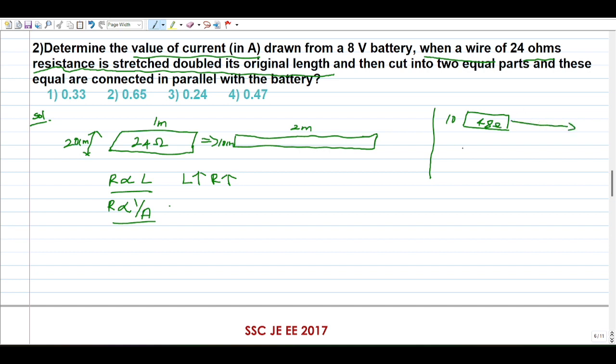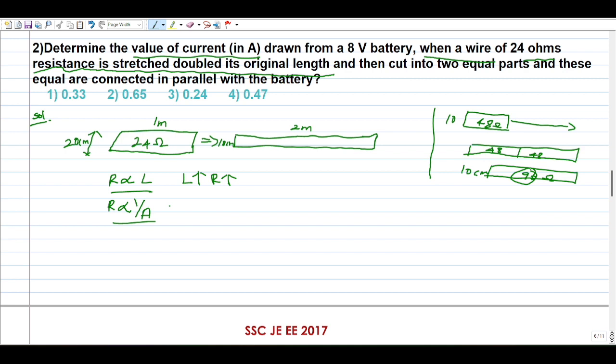So totally, 48 ohm and 48 ohm. By adding both, it is 96 ohm. Now the total resistance value of this conductor is 96 ohm. We need to understand this very carefully.